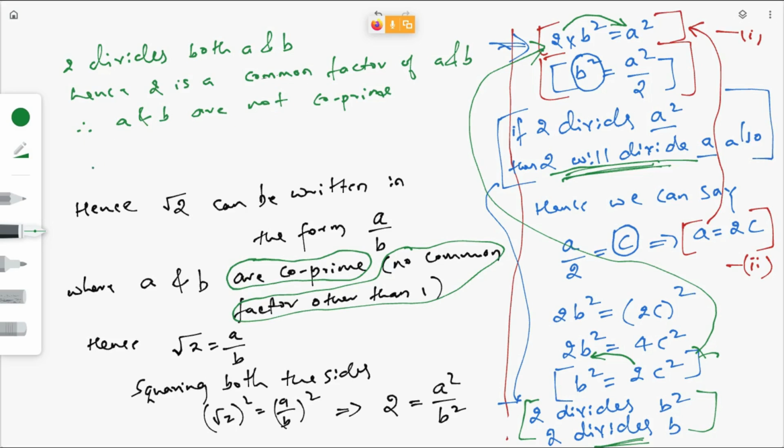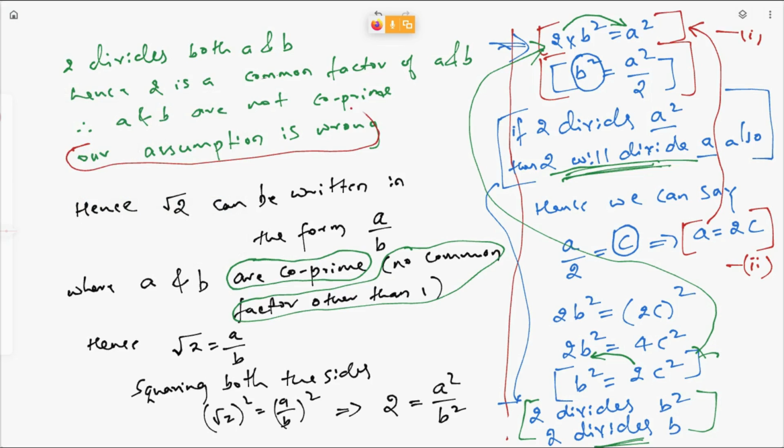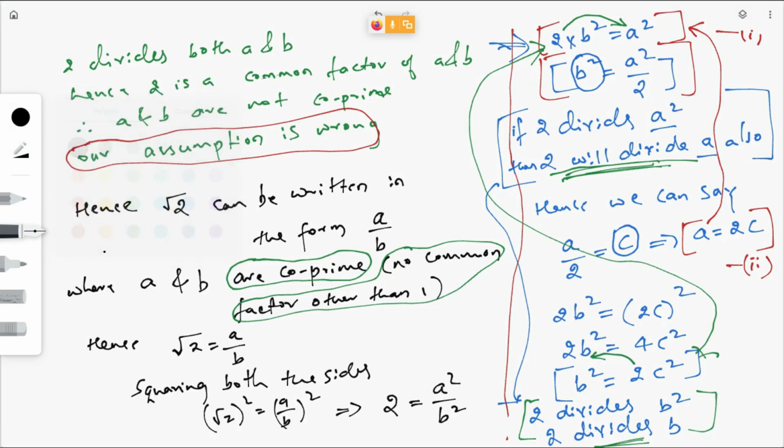Hence, as per the above statement, our assumption is wrong. What we assumed was that a and b are co-prime numbers, that they don't have any common factors, right? But here a and b have 2 as a common factor.